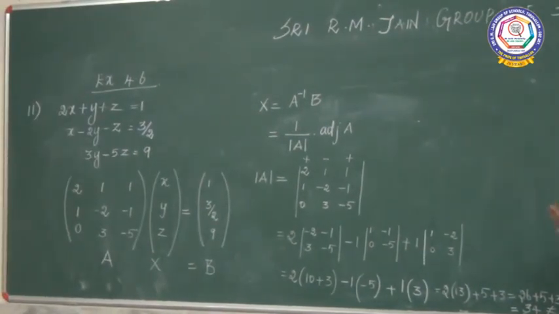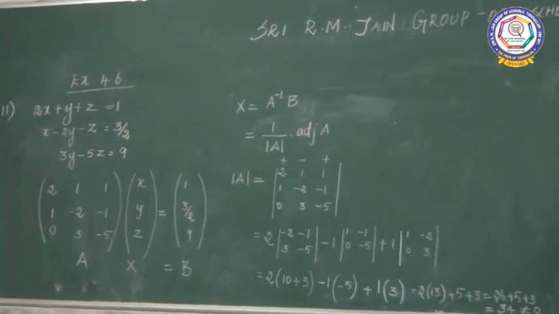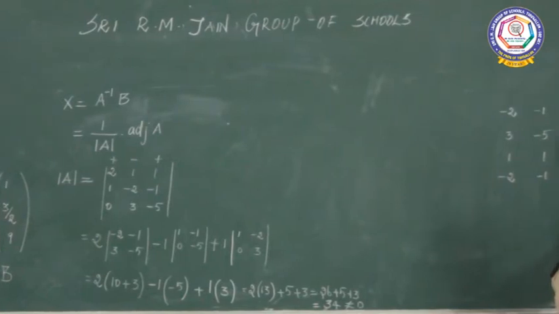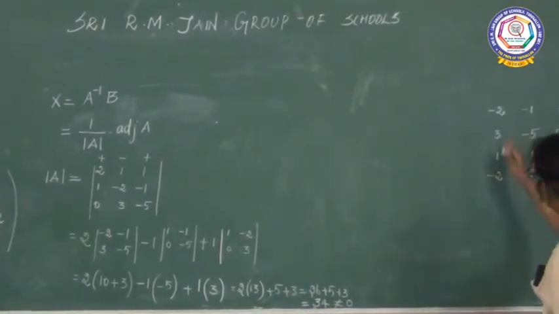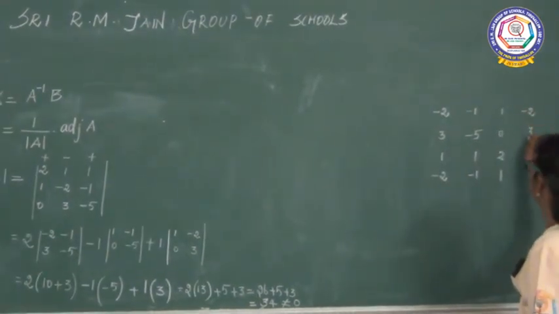Move towards right: minus 1, minus 5 below, then above, then the same entry. Next, move towards left: 1, 0, 2, 1. What you wrote in the first column, the same thing you write again.